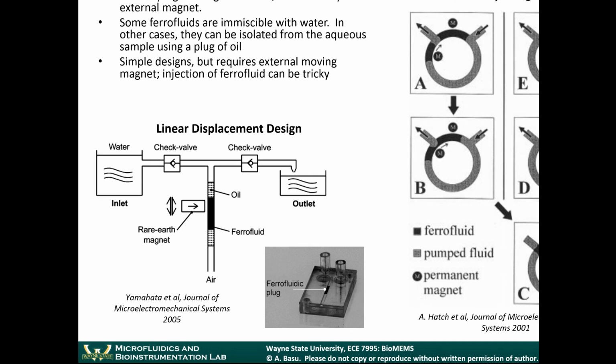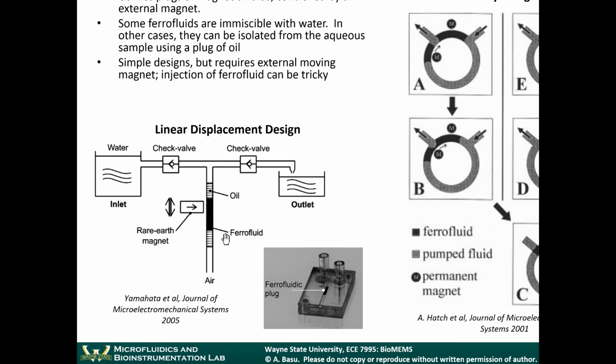This is what one type of design might look like. So the ferrofluid is here. You have 2 plugs of oil around it, and then your actual channel looks something like this.